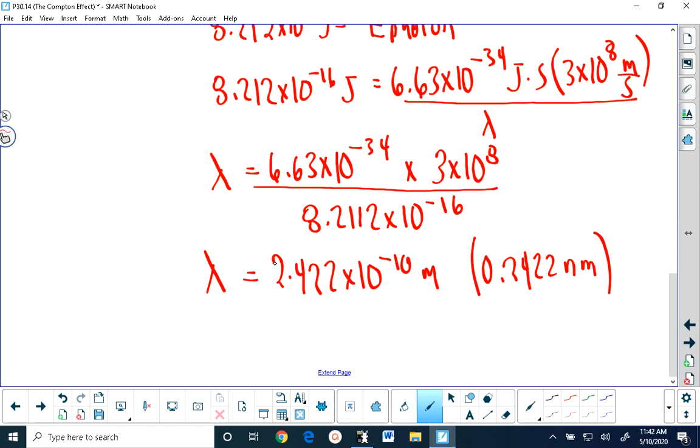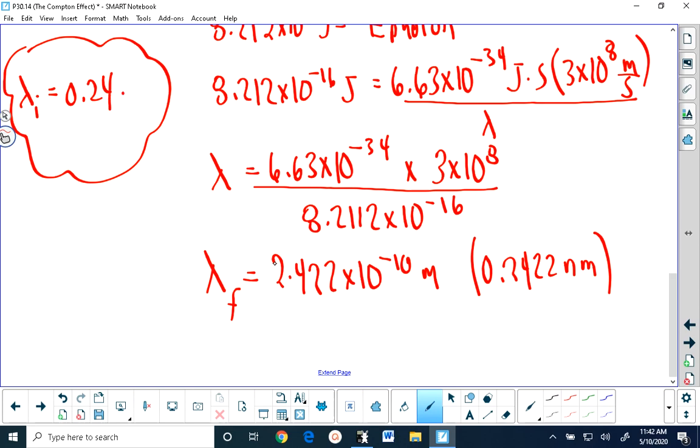This is the final wavelength. If you were to go back and look at the question, it tells you the initial wavelength is 0.24 nanometers. During the Compton effect, the wavelength of the photon increases, and that's going to be important when we start talking about part B of the Compton effect on Wednesday.